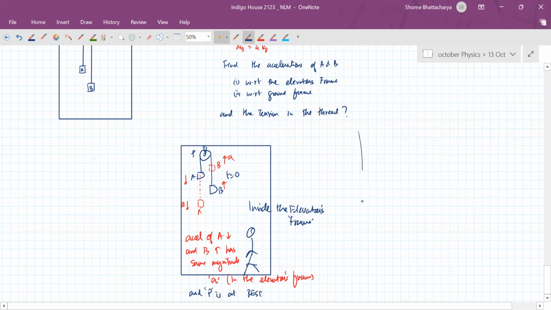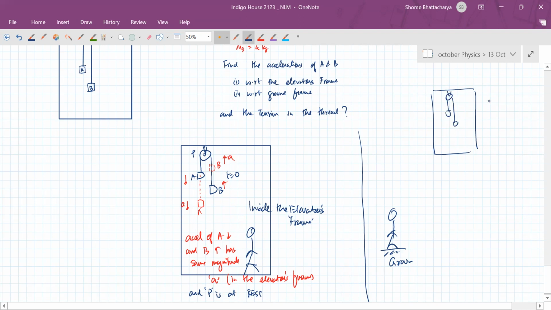But the same thing, if you observe from the ground frame, is much more complex. Because what is happening in the ground frame is the whole system is descending. So the pulley is not at rest. This is at t equal to 0. So after some time, at t equal to t, the pulley itself has come down along with the elevator.